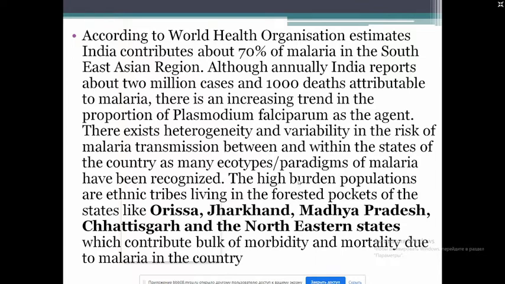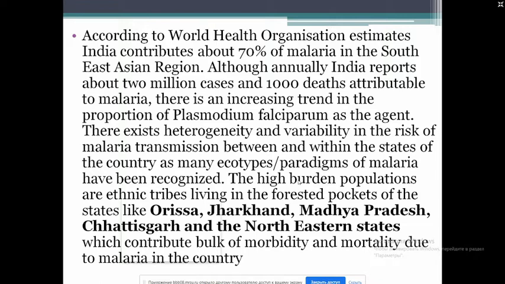There is an increasing trend in the proportion of Plasmodium falciparum as the agent. There exists heterogeneity and variability in the risk of malaria transmission between and within the states of the country, as many ecotypes or paradigms of malaria have been recognized.